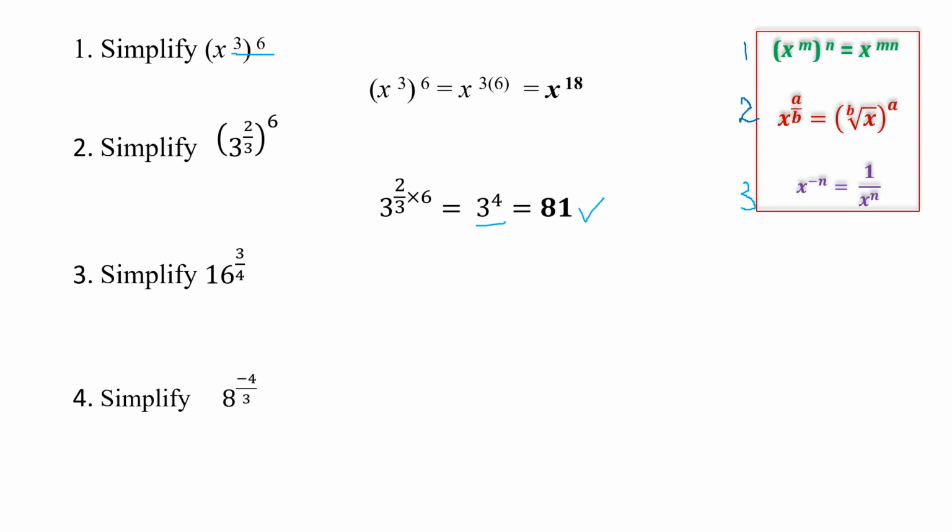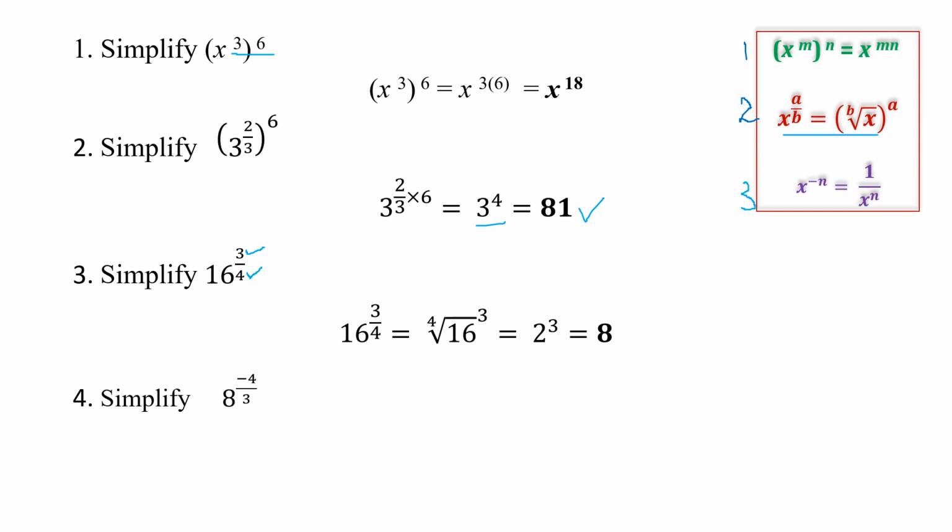Let's move on to this one. We are now using the second law here. So the denominator will be the root, and the numerator will be the power. So it will be the fourth root of 16 to the power 3 according to the second law.